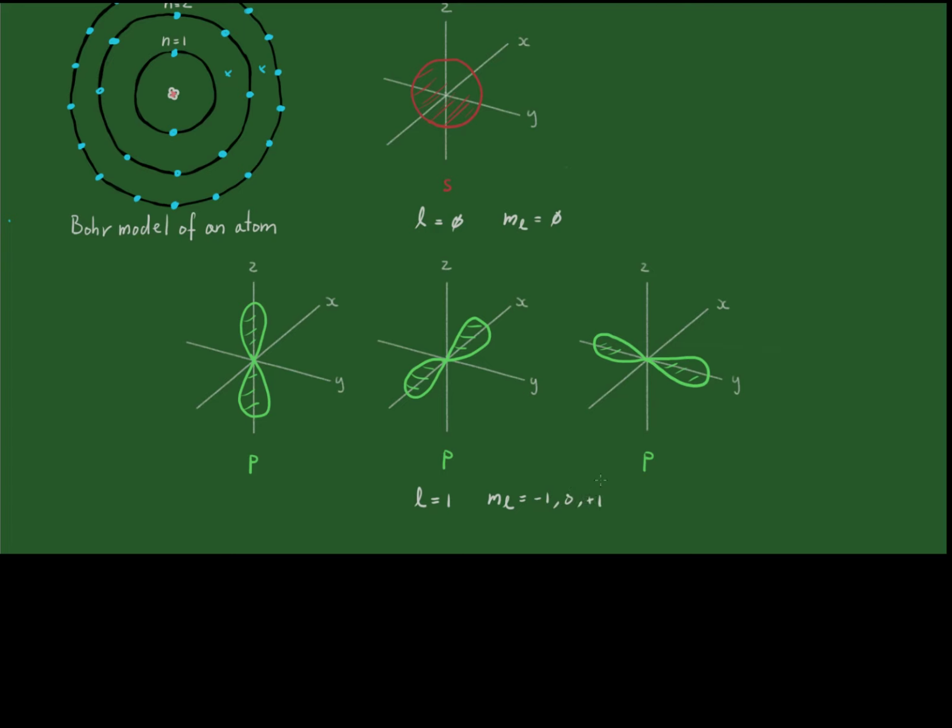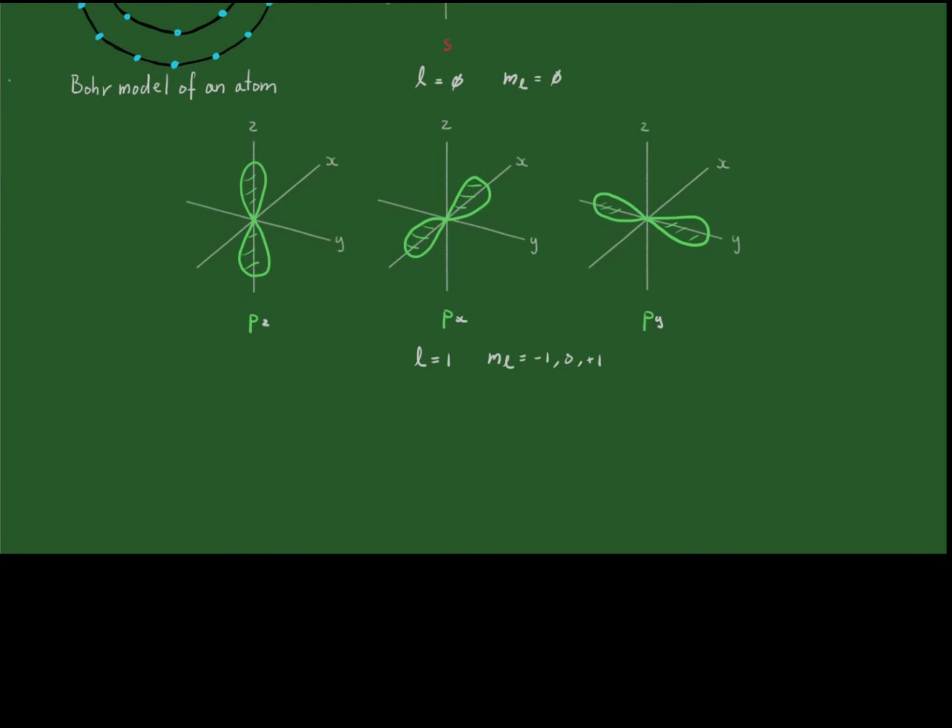So there are 3 possible values for 3 p orbitals. The orbitals also have designations depending on the axis they are on. So for example, this one is on the z-axis, so it is pz orbital. This one is on the x-axis, so it is a px orbital, and this one is on the y-axis, so it is a py orbital. Let's move on.